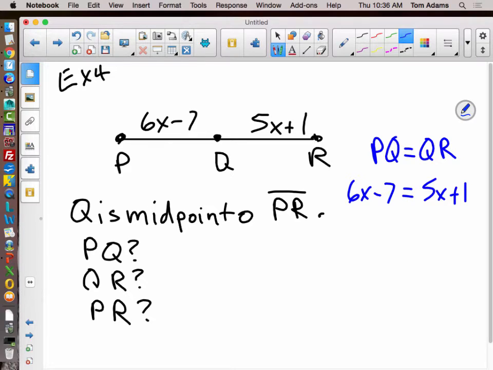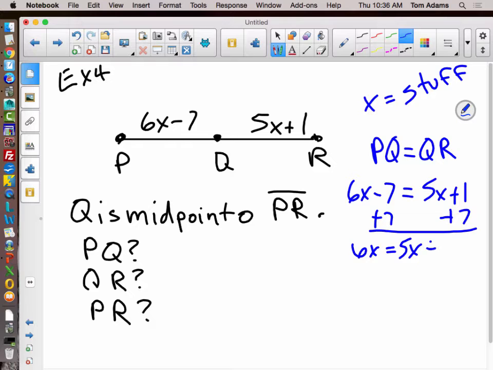Hey, that's not that bad. I have an equivalent statement with x's and numbers. I just need to get all the x's on one side and the stuff on the other, and then I can plug the x value back in. So let's try that. I'm going to add 7 to both sides. I get 6x is equal to 5x plus 8. I'm going to subtract 5x from both sides, and I get x is equal to 8.